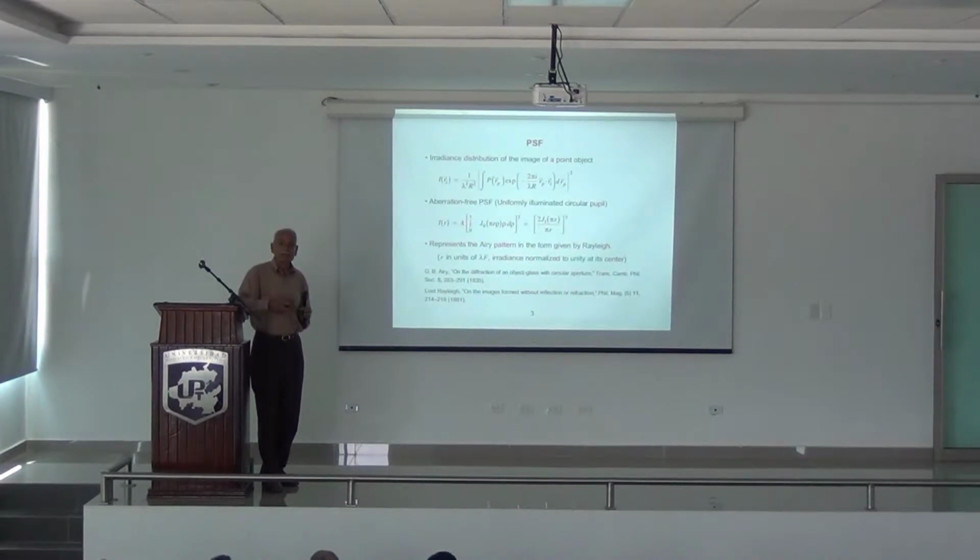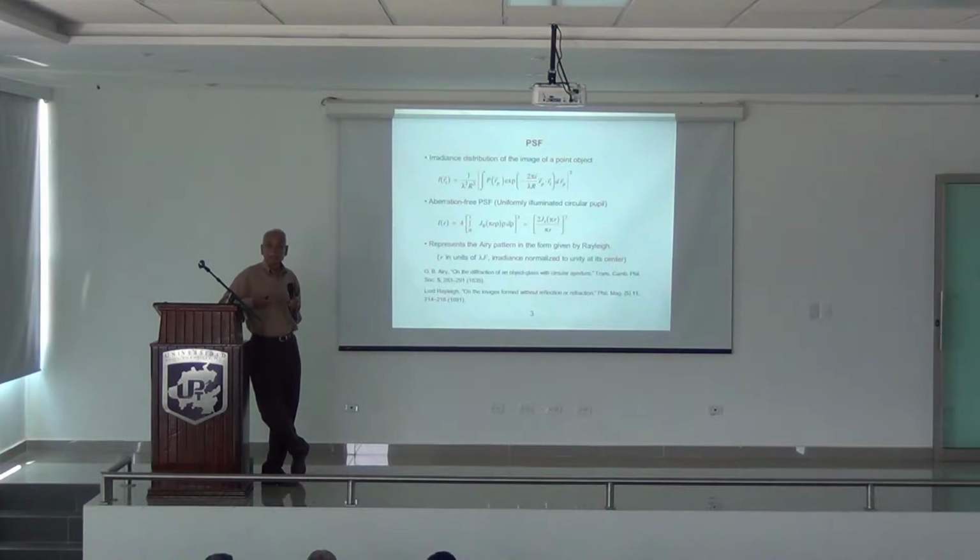If you look at Airy's original paper, you don't find this formula there. He has written it in terms of an integral, and it's amazing, he calculated that integral by hand in 1835.